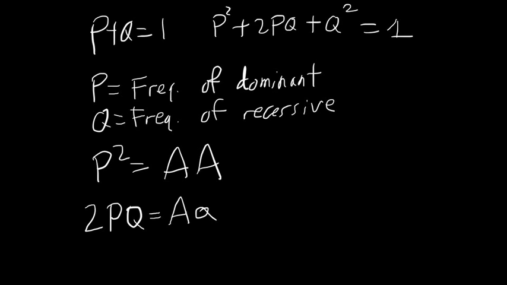And q squared represents the frequency of individuals with the homozygous recessive genotype, lowercase a, lowercase a. What's important to remember is that p and q stand for individual alleles, corresponding with only big A and only little a. But p squared, 2pq, and q squared all correspond with full genotypes. So this is a single allele situation, but these are double allele situations.